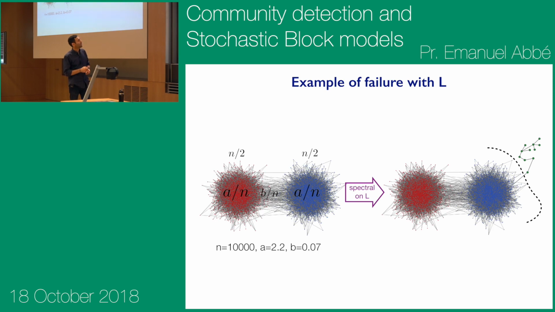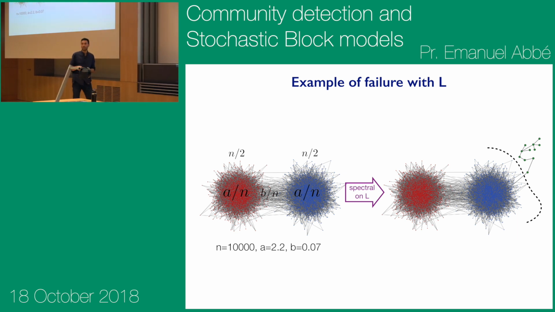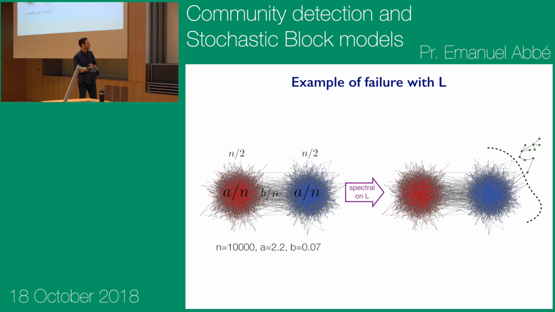So here is an example of the failure of the Laplacian. Here is a graph where I generated the clusters as follows. There are 10,000 vertices. I put edges inside each cluster independently between any pair of vertices with probability a divided by n, where a is 2.2.